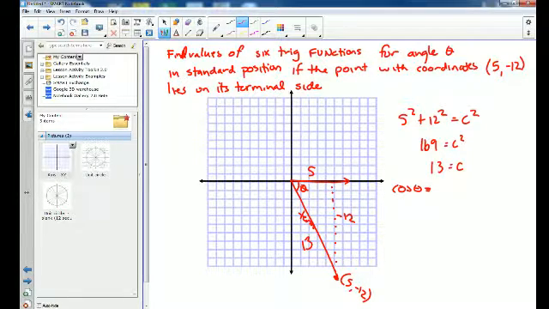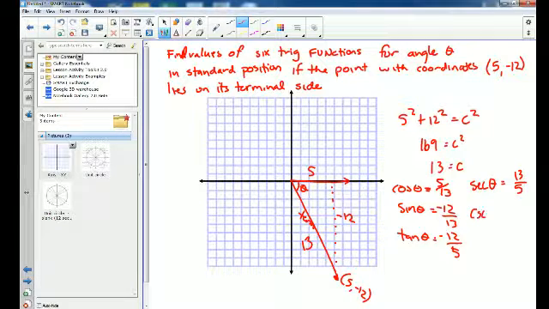5 over 13. Sine theta? Negative 12 over 13. Tangent? And then we can go into secant, cosecant, cotangent.